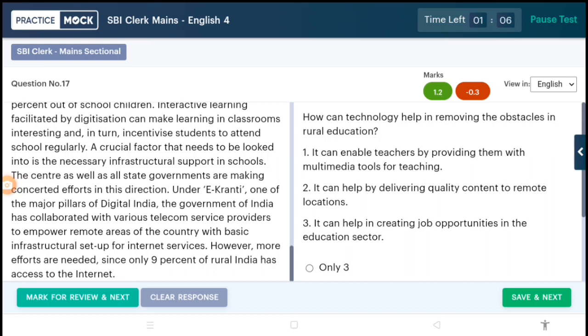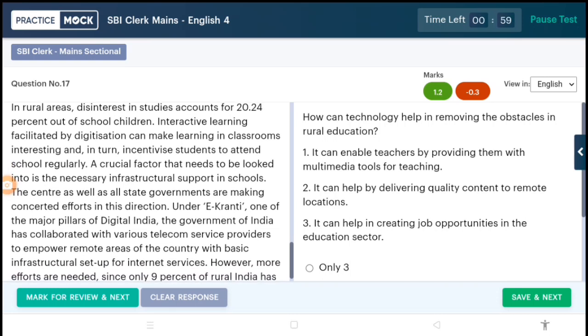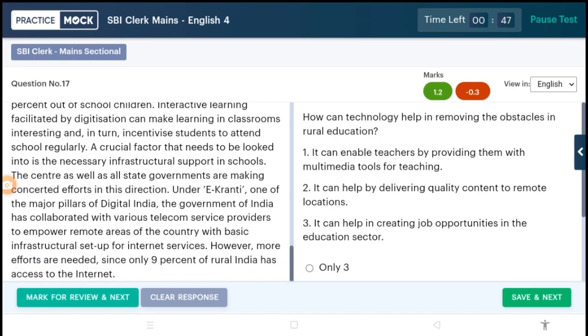Quality of content in remote locations. It can enable teachers with multimedia tools in the teaching.